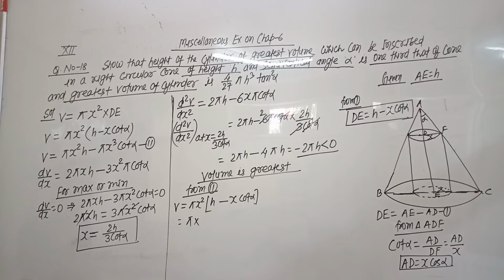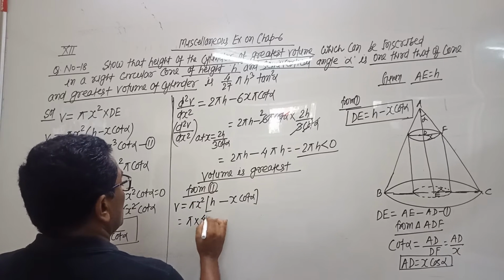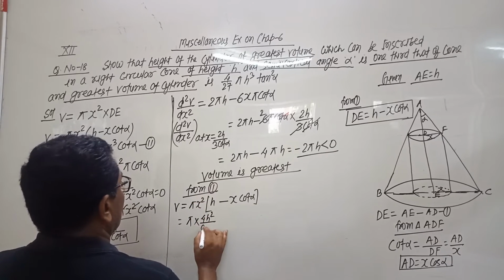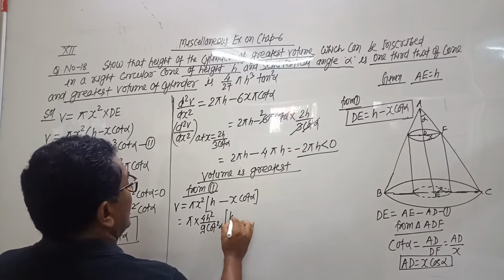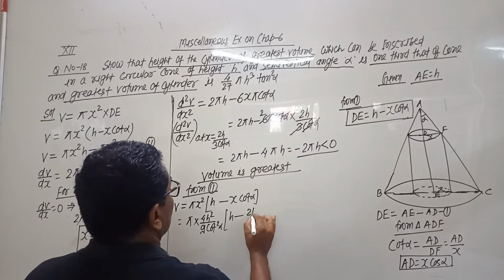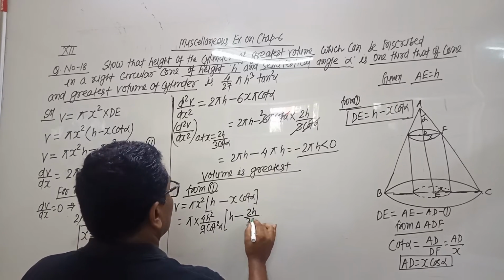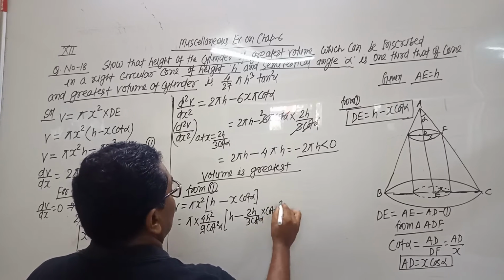So the value of x is 2h upon 3 cot alpha, and x square means 4h square upon 9 cot square alpha. And h minus x, the value of x is 2h by 3 cot alpha into cot alpha.